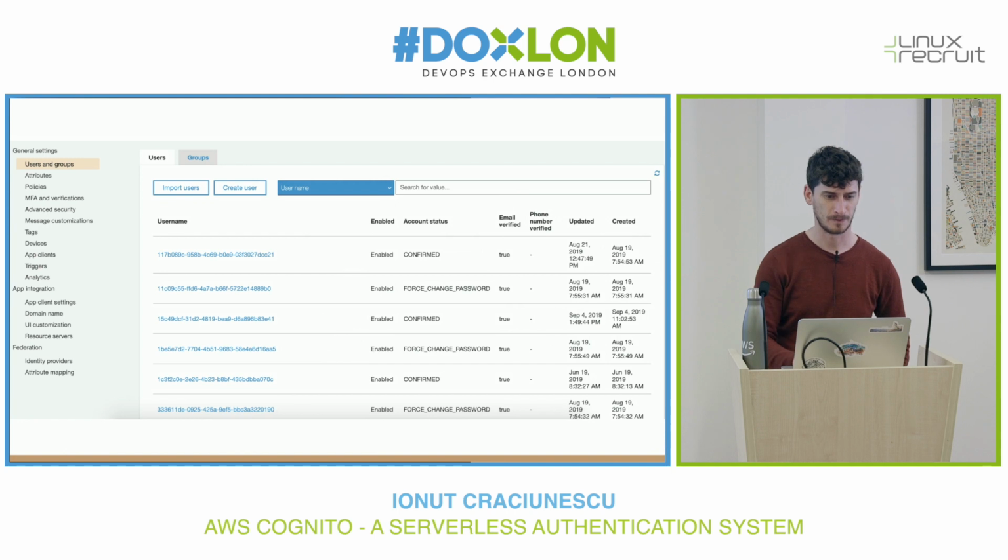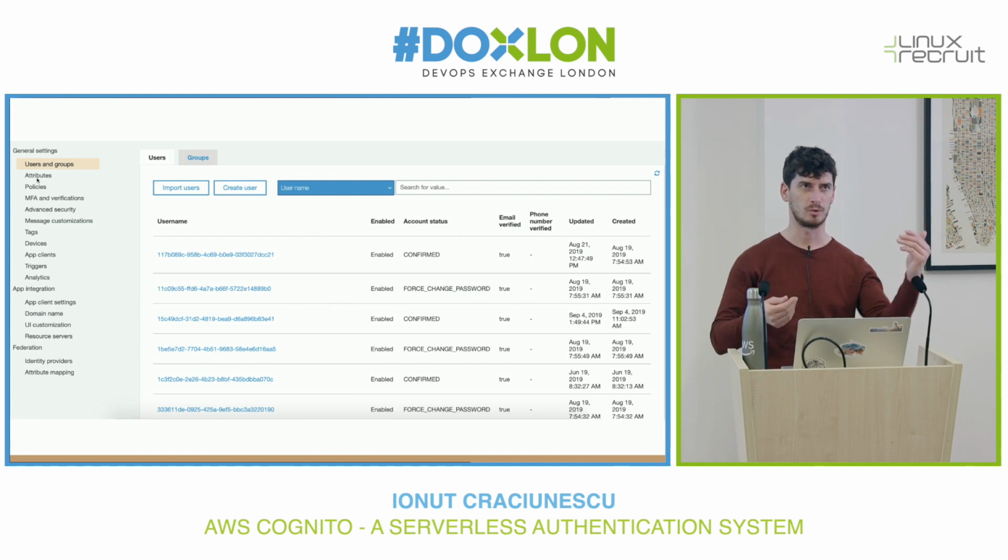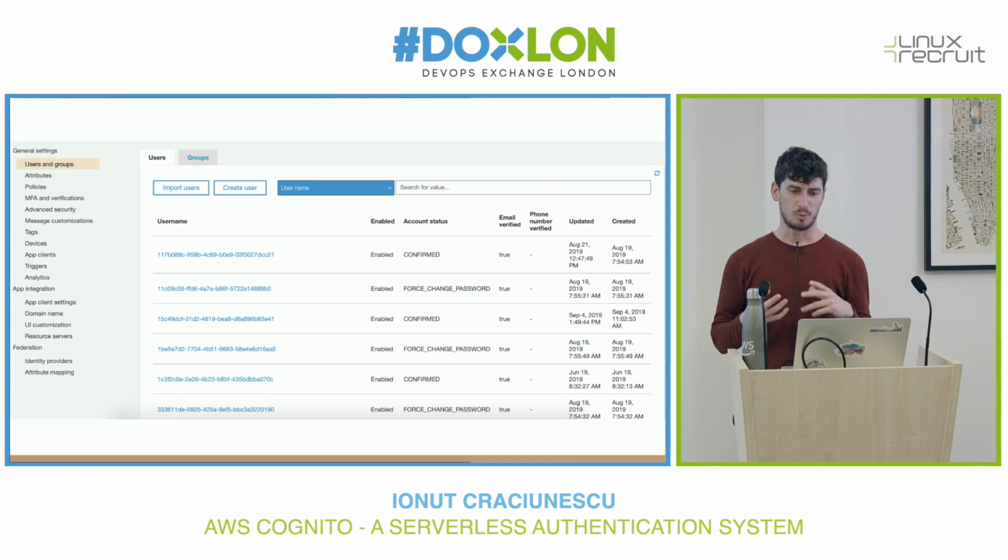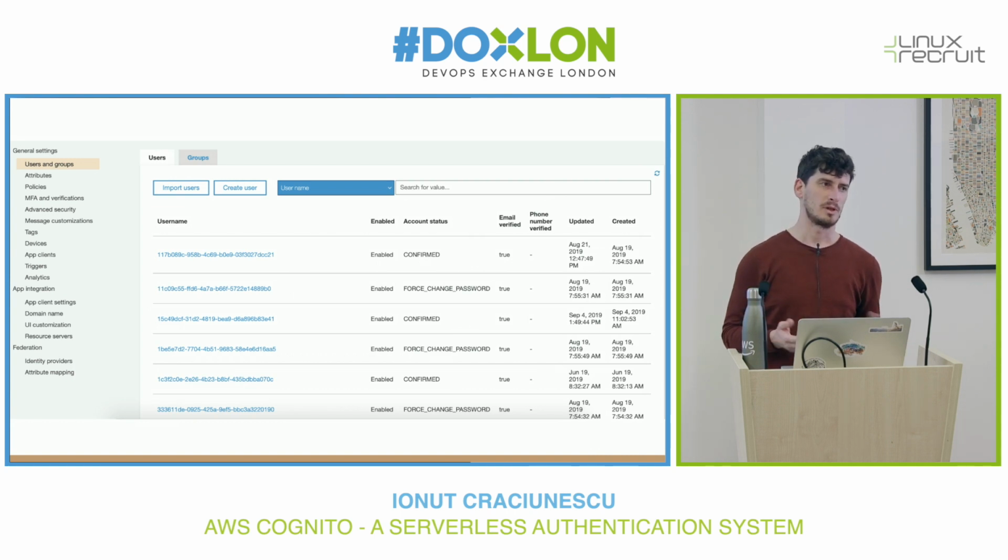You can create groups over here, and on the left side menu, if you go into attributes, you are presented with the list of attributes like first name, last name, email address, phone number, postcode, or a bunch of default attributes. There's also a possibility to create custom attributes, and I'll talk about that a bit later on and how we use custom attributes.